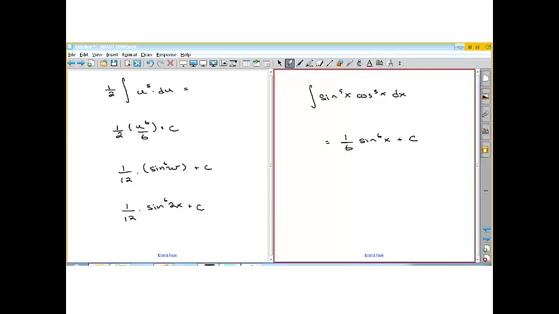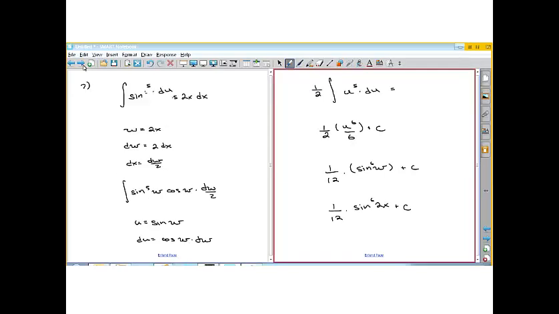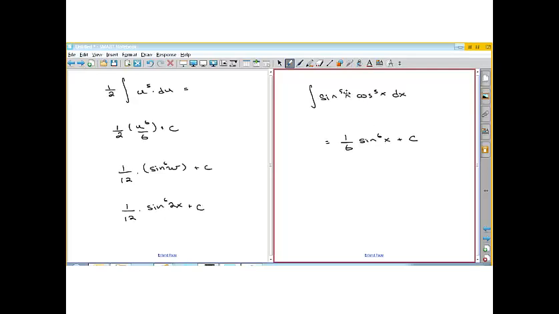So you miss out this factor of 2 that comes from the fact that the original integral was 2x. If I had cosine of 3x to the fifth, then instead of 1/12, I'd probably end up with 1/18.